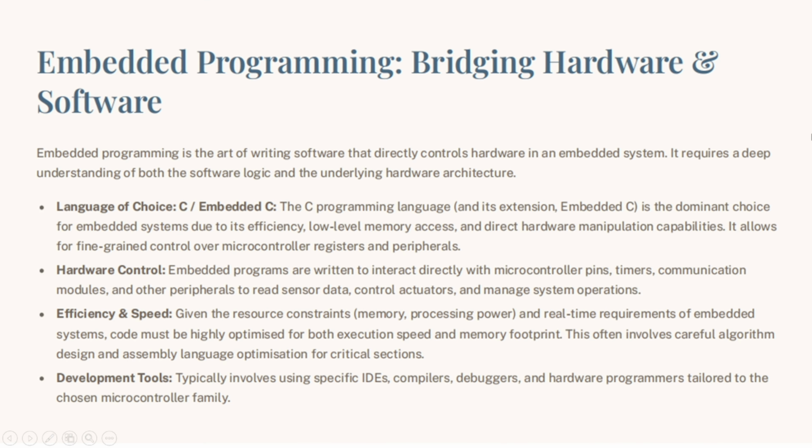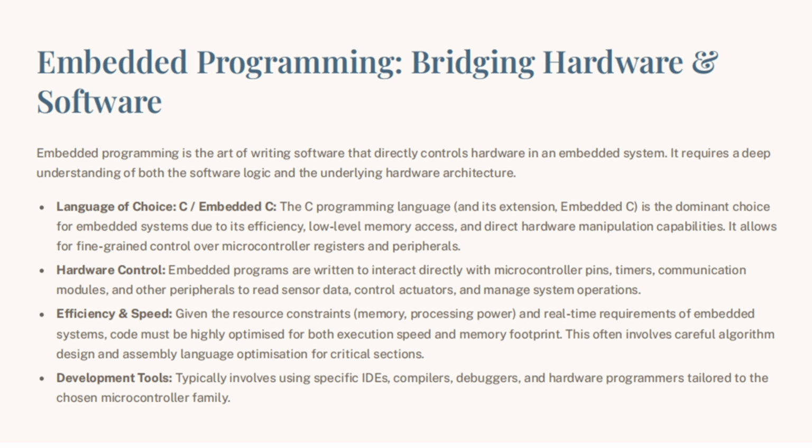Embedded programming, bridging hardware and software. Embedded programming is the art of writing software that directly controls the hardware in an embedded system. It requires a deep understanding of both the software logic and the underlying hardware architecture.